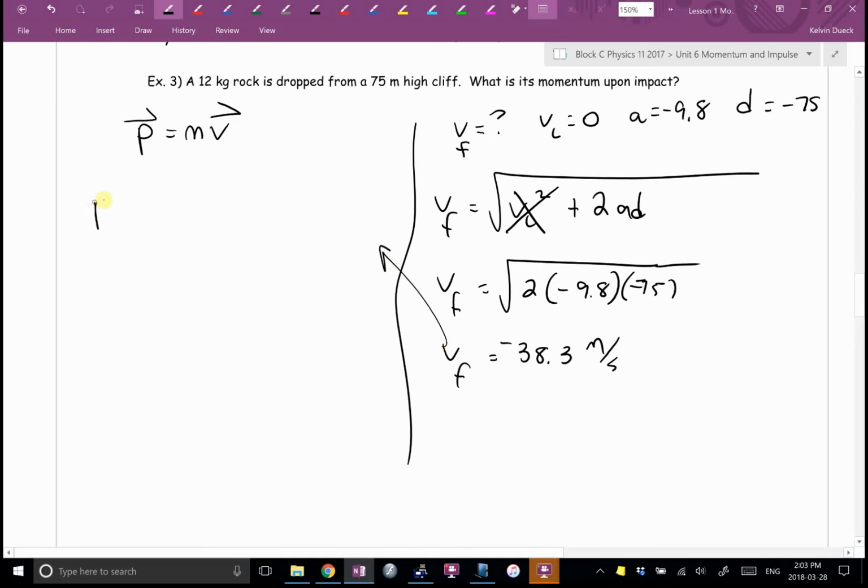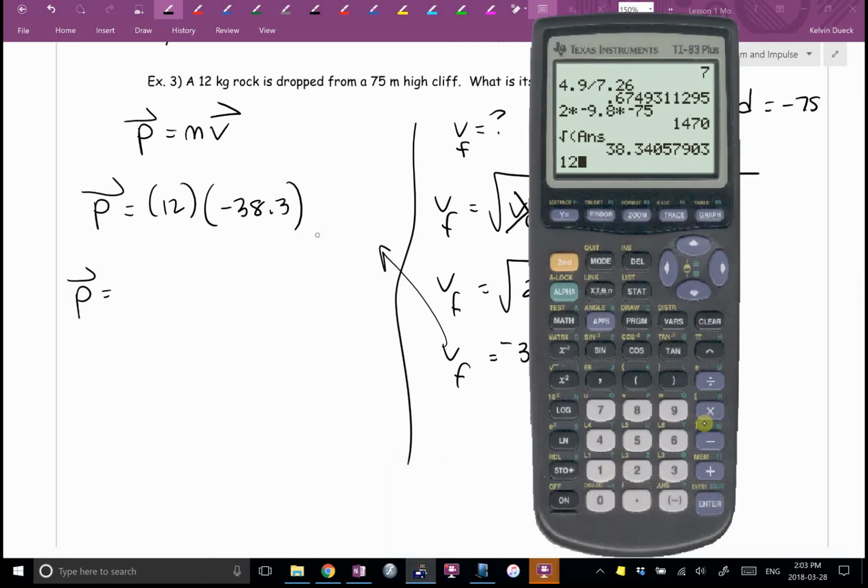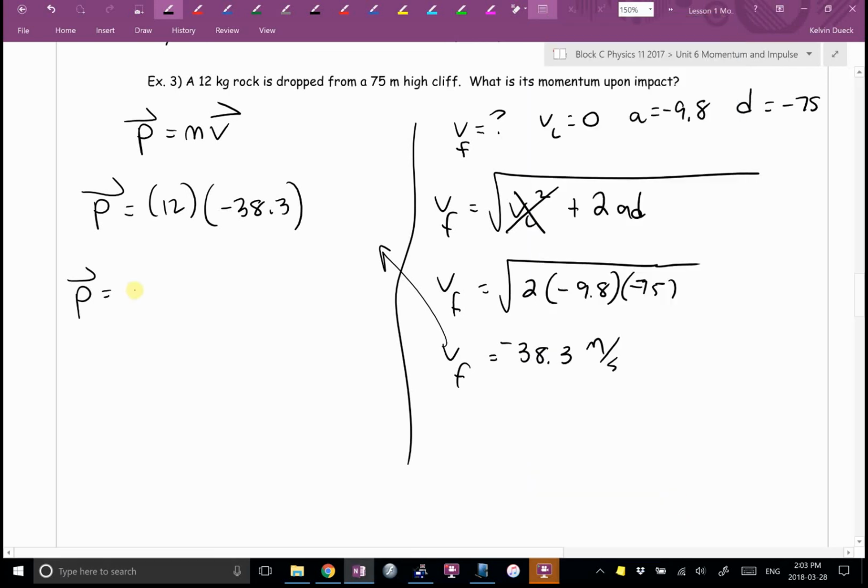Okay. So what's the momentum? It's going to be the mass times the velocity. Except I'm not going to use 38.3. I'm going to use my answer button. 12 times answer button. Now, if you can write negative 460, I'm fine with that. Units, Brian, for momentum? Yep.